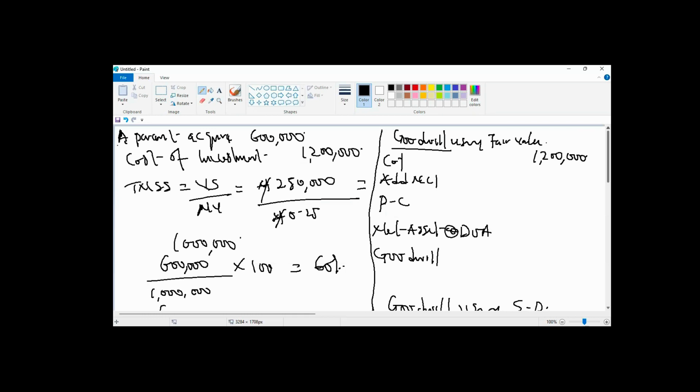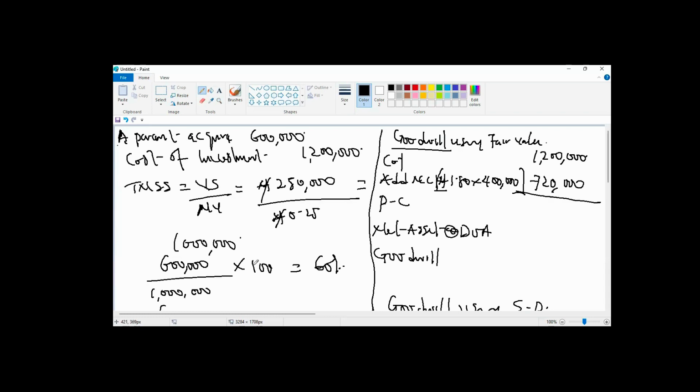Market price per share, 1.80 times 400,000 shares. 1.8 times 400,000 gives 720,000.